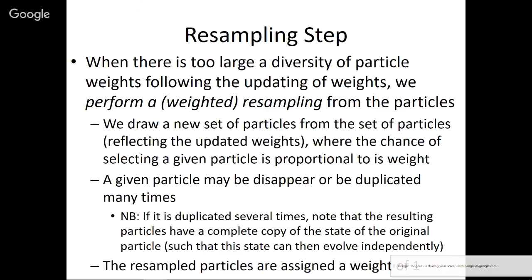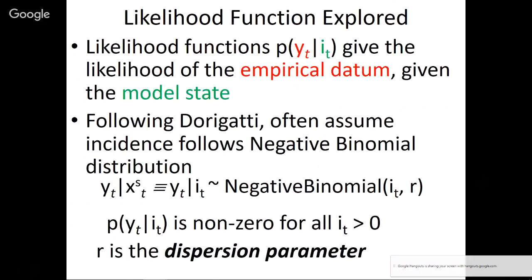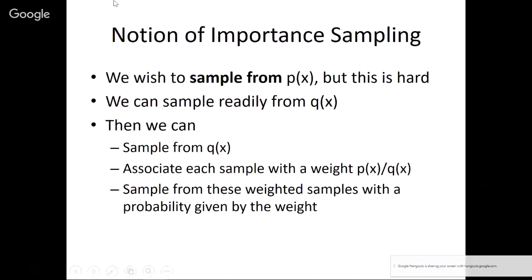You remember, with importance sampling, we'd like to sample from this. We sample instead from a proposal distribution. We give things a weight, and then we sample with a probability of getting each one according to the weight.